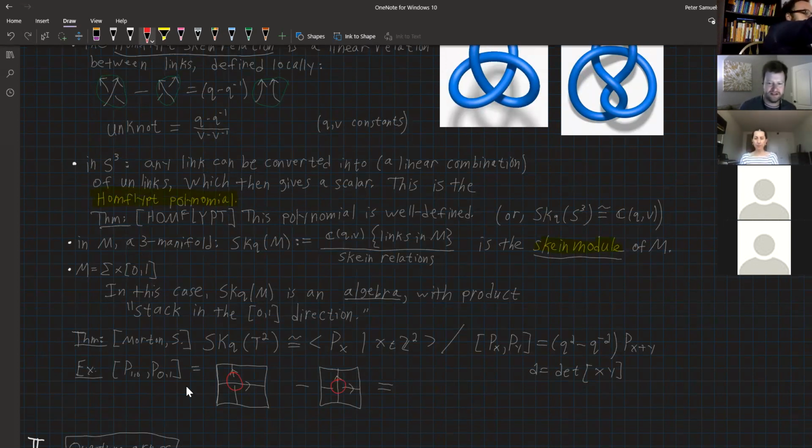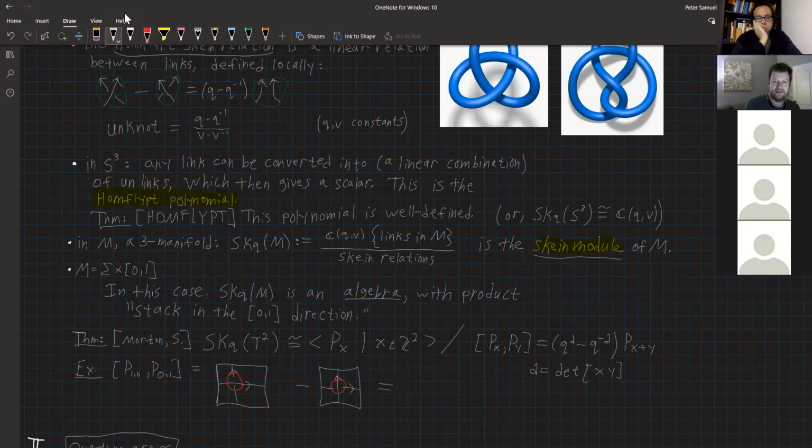If I rotate this square about 45 degrees counterclockwise, then inside the red circle it looks exactly like this Skein relation. So if I apply this Skein relation, then I just get Q minus Q inverse times the resolution of this crossing, and there's a unique way. I just straighten out the curve, and it looks like this.